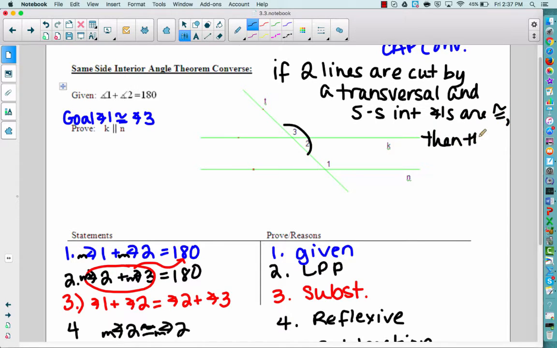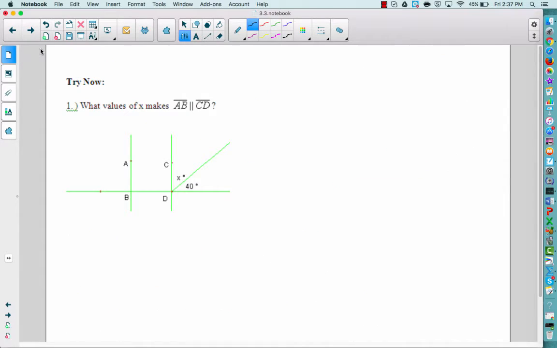Then the lines are parallel. Woohoo! So we've just proved that based on getting those special angle pair relationships congruent, we can prove the lines parallel. All right, let's look at an example.